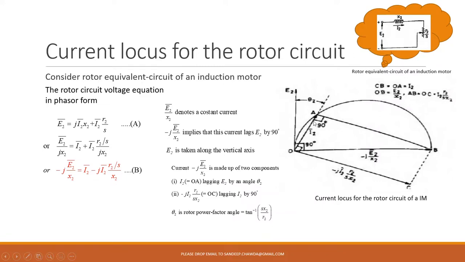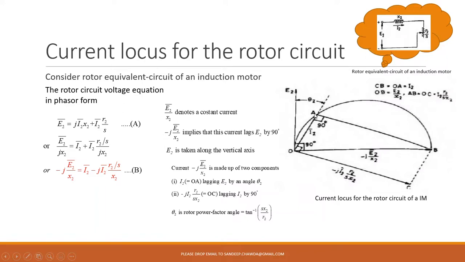So I2 is here, and from this I2 you can draw this current at 90 degrees. Here OA is giving you I2.